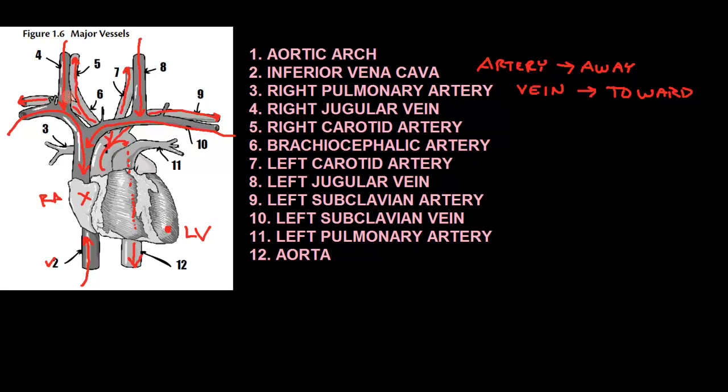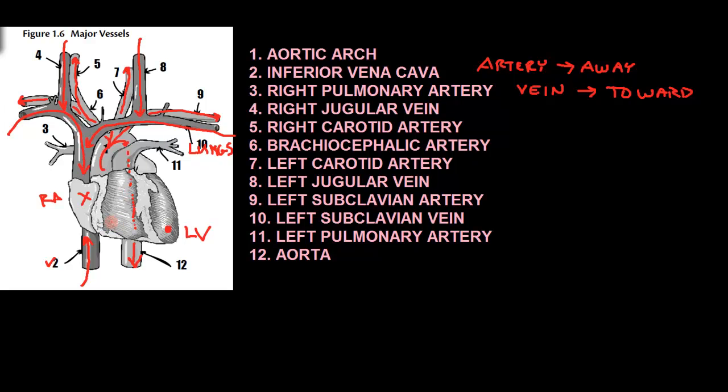So far, everything we have seen tells us that veins carry deoxygenated blood back to the right atrium, and arteries carry oxygenated blood out to the body. But let's take a look at number 11 here. Number 11 is called the left pulmonary artery. It goes over here to the lungs. This is where the blood will pick up oxygen.